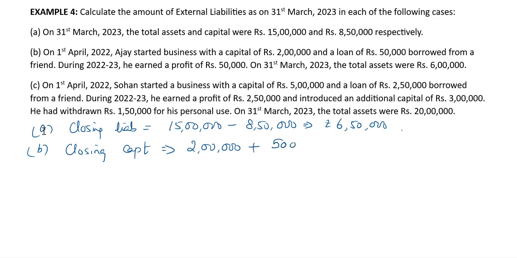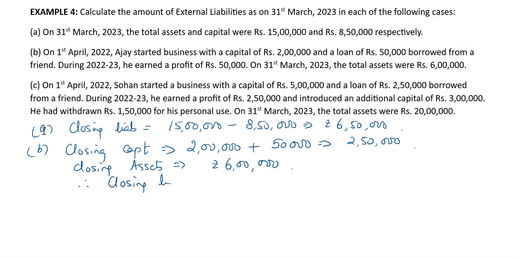Profit is 50,000 rupees. So the closing capital is 2,50,000 rupees. The closing assets is given as rupees 6 lakh. Therefore, closing liabilities is equal to closing assets minus the closing capital, which is rupees 6 lakh minus rupees 2,50,000, which is equal to rupees 3,50,000.